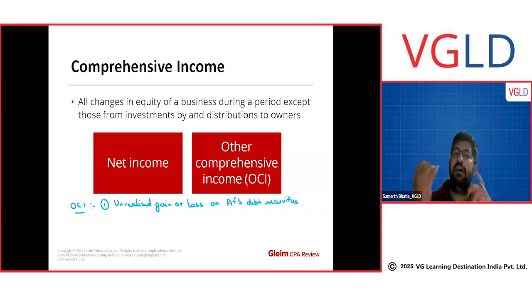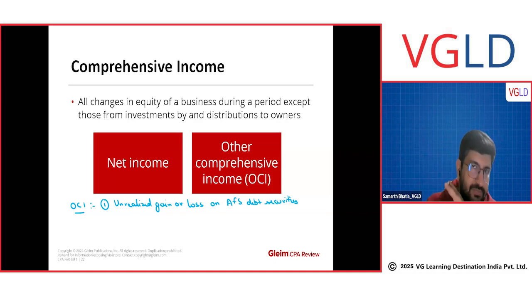One is trading debt securities. When we start with the fourth unit, we'll discuss AFS debt securities in detail, including the journal entries. But trading debt securities are those which are kept for the short term. As soon as we make a profit, we just sell it and take the profit.